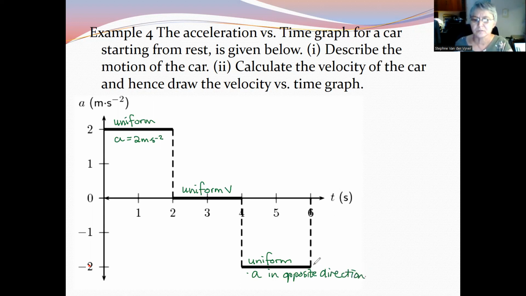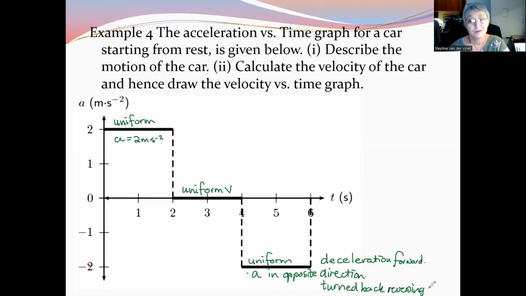Now, this could mean that the guy could be decelerating in the forward direction of motion, or he could have turned back and he was reversing.